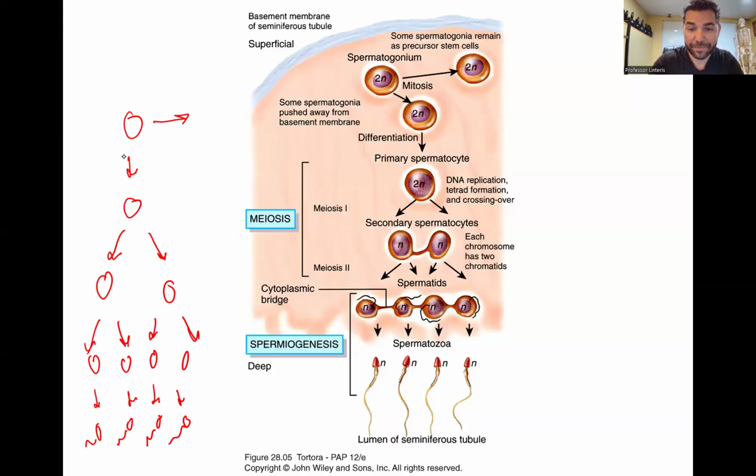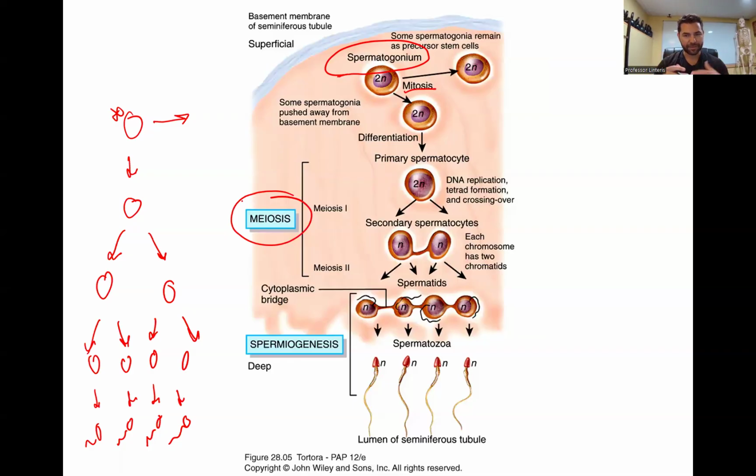And the keywords, try not to close this thing out here. Spermatogonium. That would be this first cell. The spermatogonium are the cells that we always keep kind of, and we'll look at the testes, towards the outside of these seminiferous tubules, and then they will start to undergo mitosis and meiosis, 1 and 2.